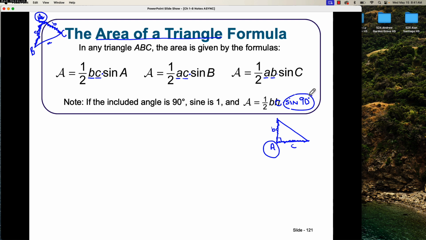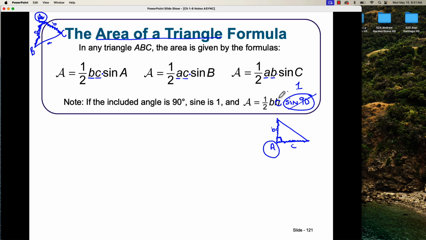So this just becomes a 1, leaving us with 1/2 B times C times 1. Multiplicative identity, we don't need to write that anymore. So we would be left with 1/2 B times C. And as we can see, if C is the base, then B is the corresponding height because we are working with a right triangle.